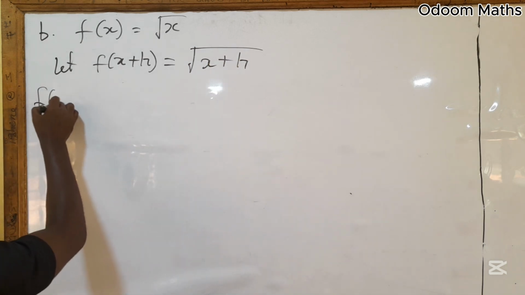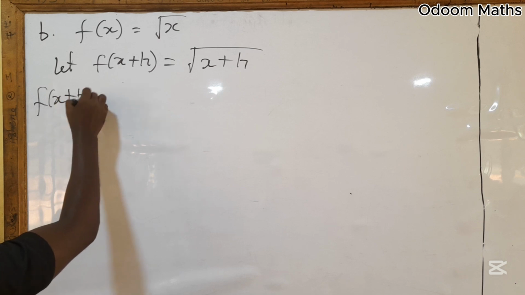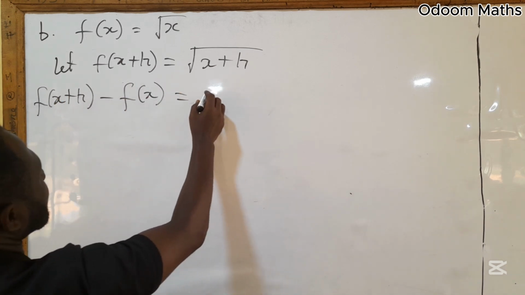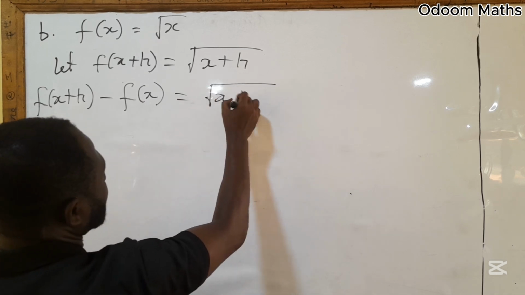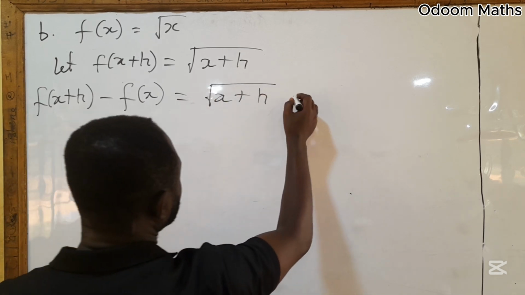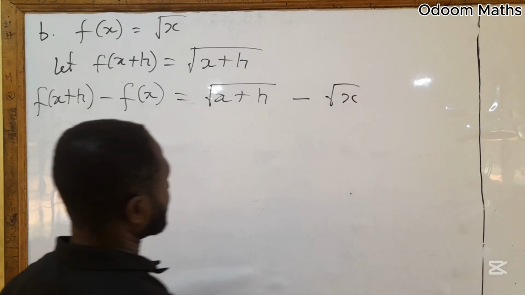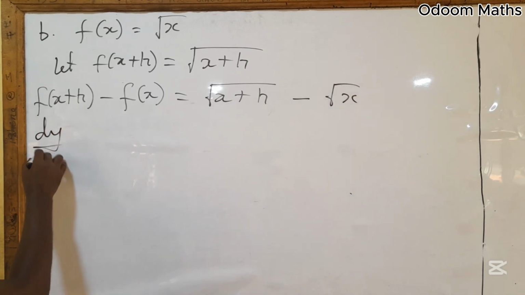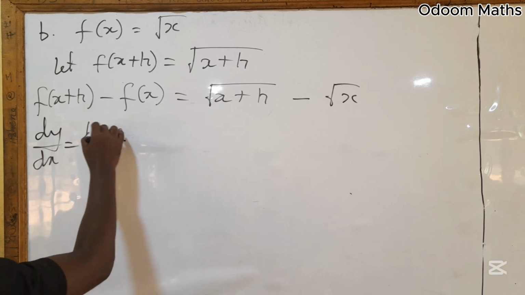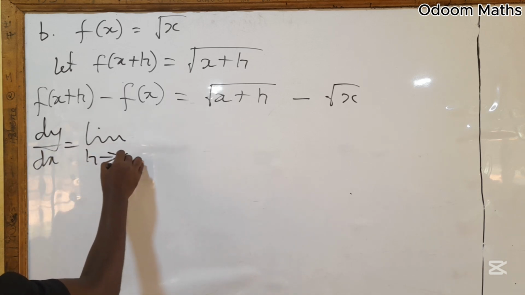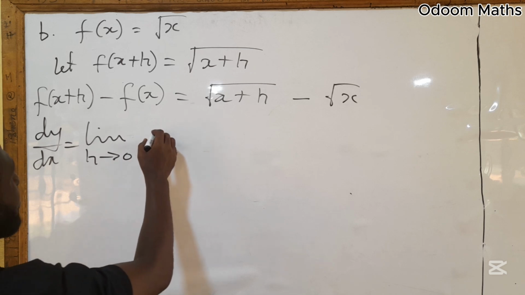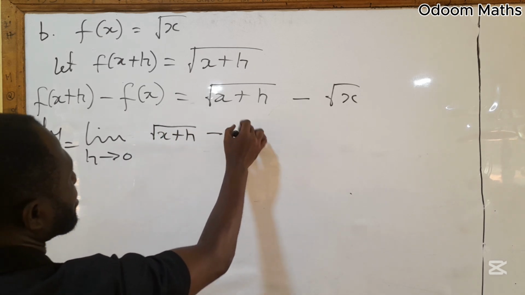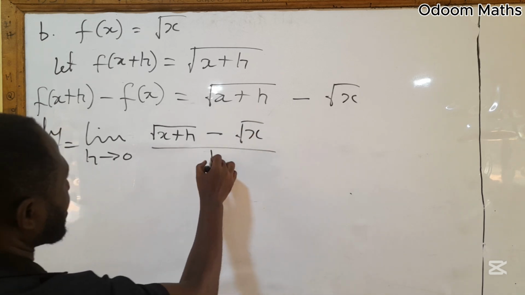It means my f(x + h) minus f(x) becomes root of (x + h) minus root x. Now let's substitute this into the formula, which gives us dy/dx equals the limit as h approaches 0 of (root of (x + h) minus root x) all over h.